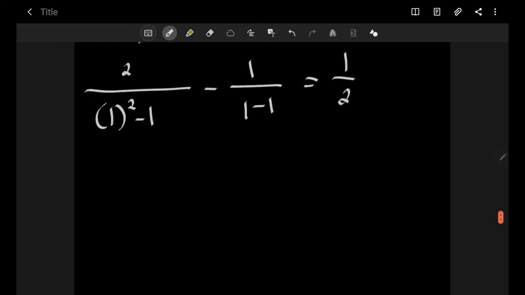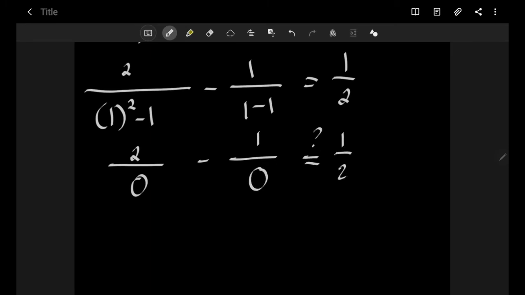So, now, we have 2 all over 1 squared is 1 minus 1, 0. Okay, dito pa lang may problem na. Tuloy pa natin. 1 all over 1 minus 1, that is also 0. Is it equal to 1/2? No. Okay. Bakit? 2 all over 0 and 1 all over 0.